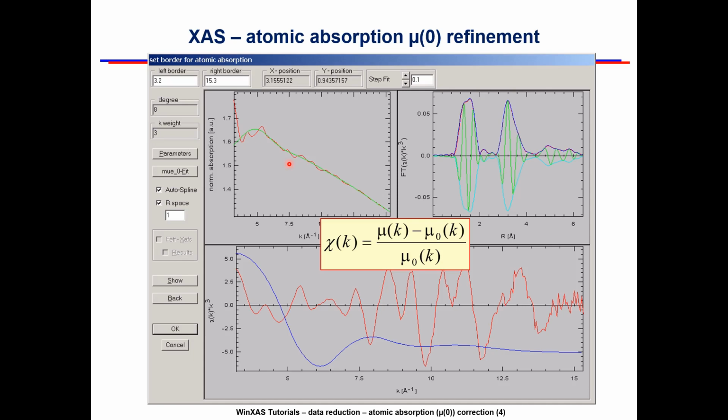For calculating the EXAFS chi of k, the atomic absorption is commonly approximated by a so-called spline function that is refined to the experimental spectrum in the EXAFS region. This refinement can be performed in either the K or the R space. K space refers to the regular spectrum, while R space refers to the Fourier transform space.